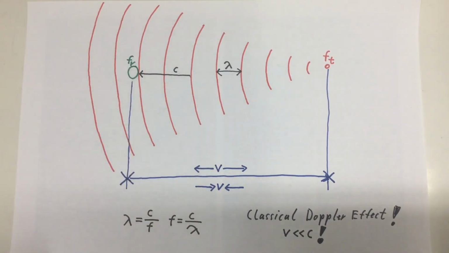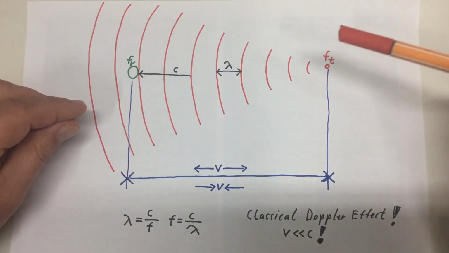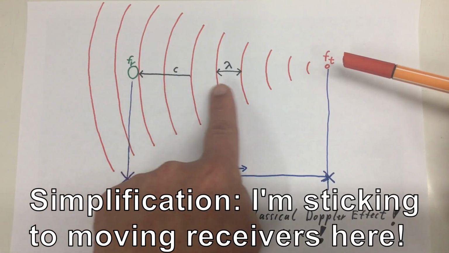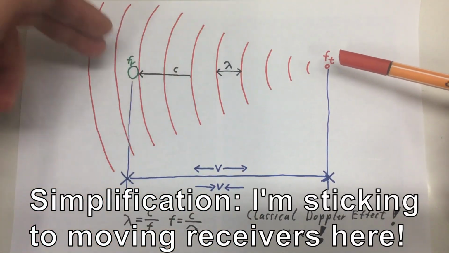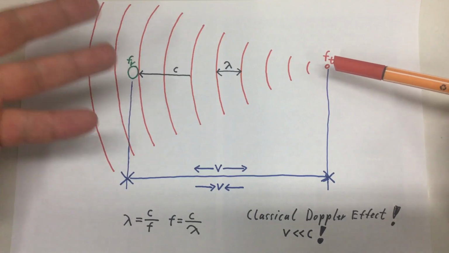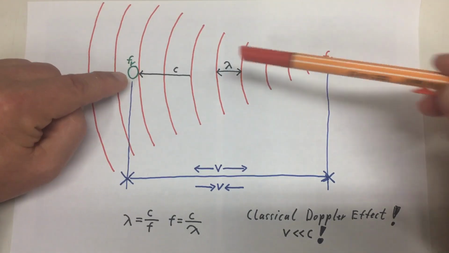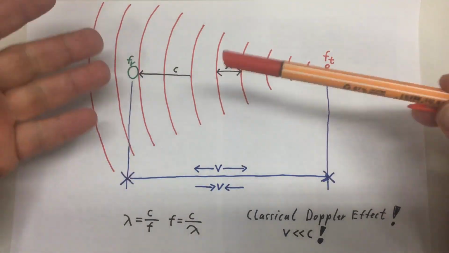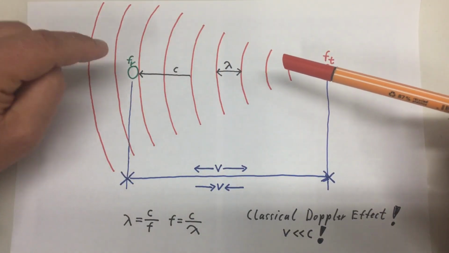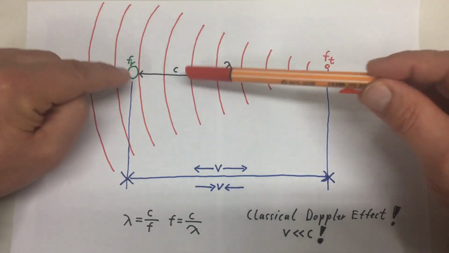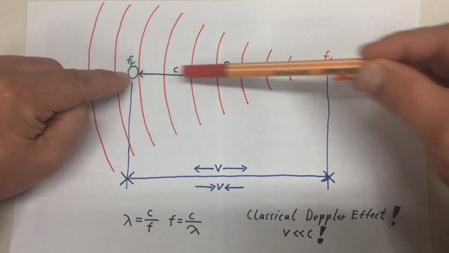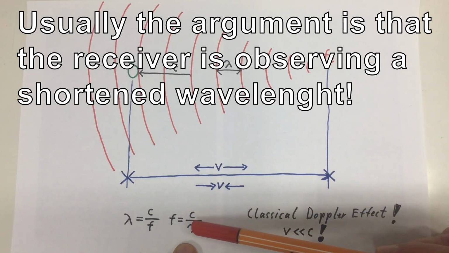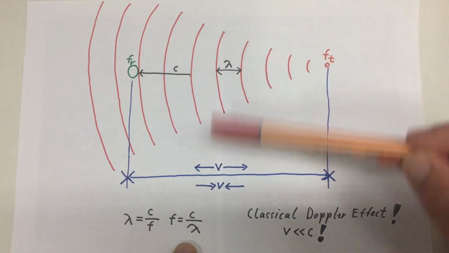Two examples. Let's assume for the moment that our transmitter is stationary and our receiver is moving towards the transmitter with a certain speed. Then from the view of the receiver, our waves certainly move faster. To be exact, we have to add the speed of the receiver to the speed c of the waves. And what happens if c increases and the wavelength stays the same?